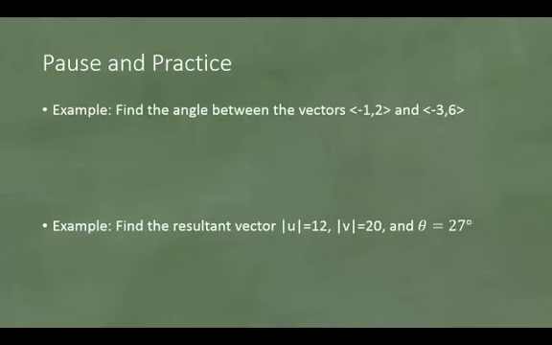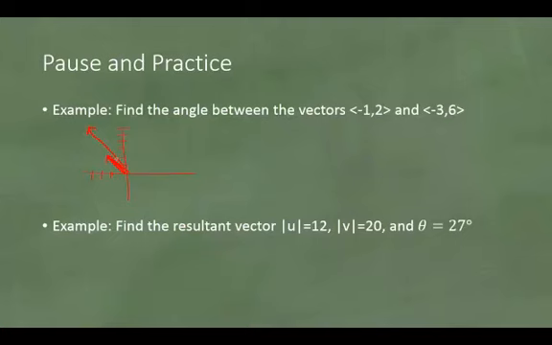Find the angle between the vectors -1, 2 and -3, 6. So let's draw this out on the x and y axis to be precise. -1, 2, that's the first vector. -3, 6, that's the other vector.